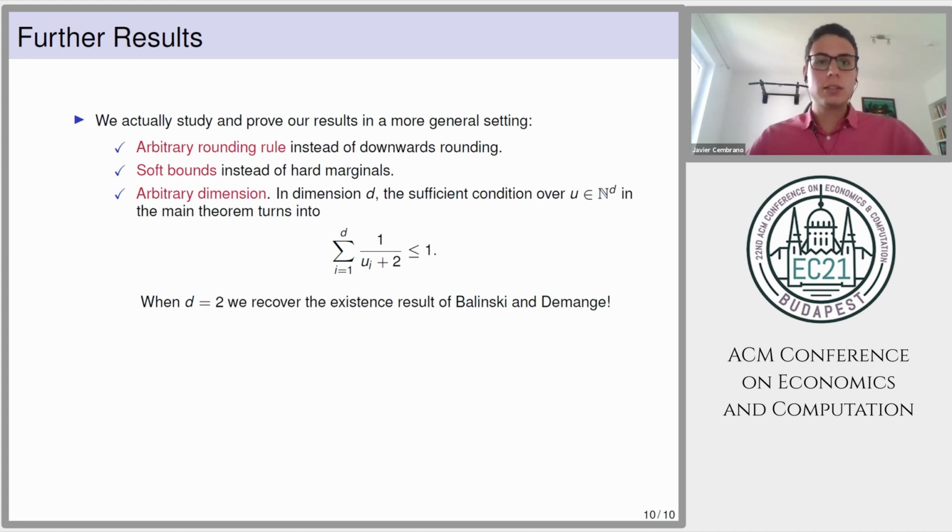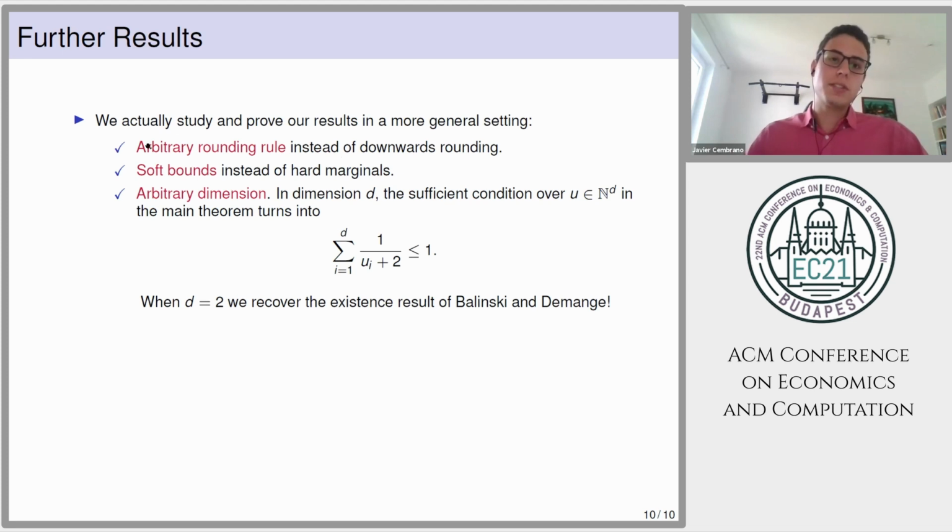And the results extend naturally to this setting. This is important because different rounding rules lead to different apportionments in several cases. In particular, for our 1-dimensional example, the Webster-Sainte-Laguë method would lead to an apportionment of 4, 4, and 2 seats instead of the one that you may remember of 5, 3, and 2. So it is important which rounding rule we use, and our results are general in this sense.